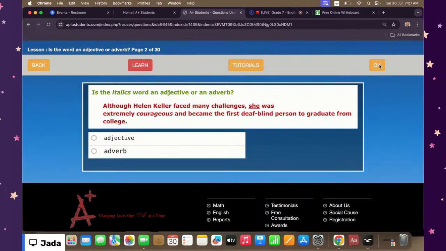Now, although Helen Keller faced many challenges, she was extremely courageous and became the first deaf blind person to graduate from college. What is your answer here? It has extremely already, and she is on the line. So, what would be the right answer here?